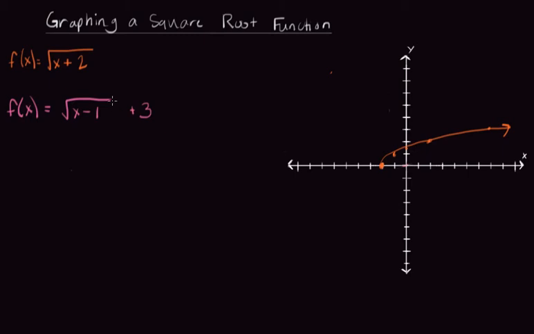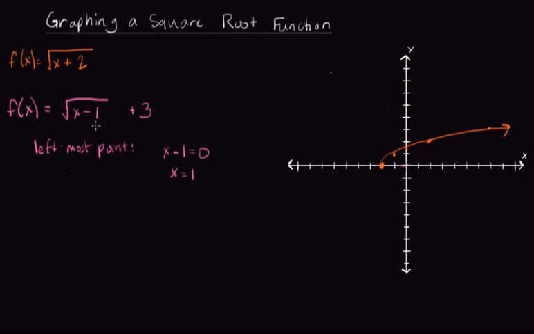So let's try this one. We're going to find the leftmost point in the same way. The leftmost point is where x minus 1 equals 0, which is where x equals 1. So that's our leftmost point.